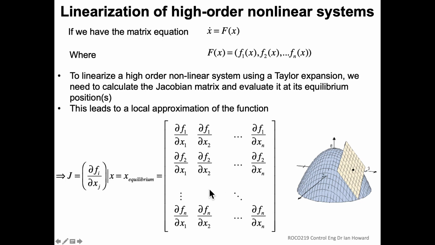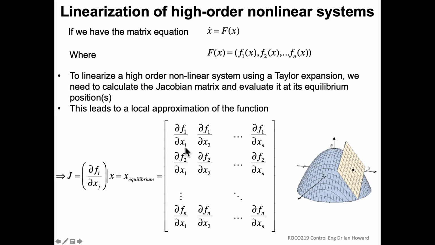Basically then, we want to calculate this Jacobian matrix, and this is composed of the following. The rows correspond to different functions, right? There are different functions of the parameters going down in the rows, and across the different columns we're differentiating with respect to different dimensions, so how this is actually changing with, in this case, x1, x2 and xn.